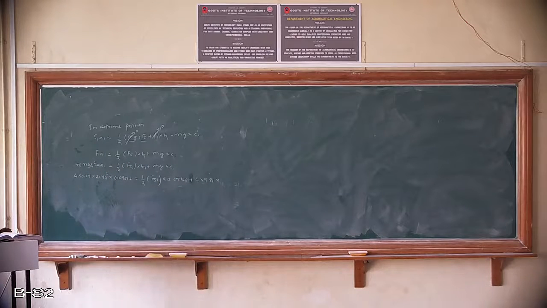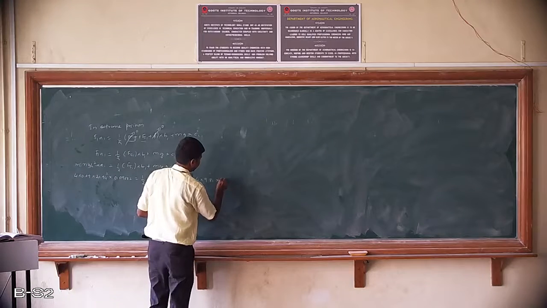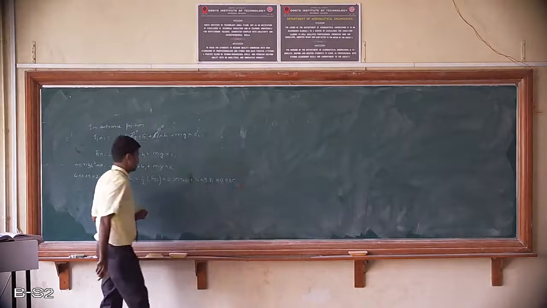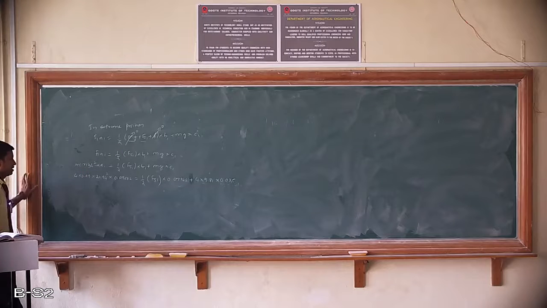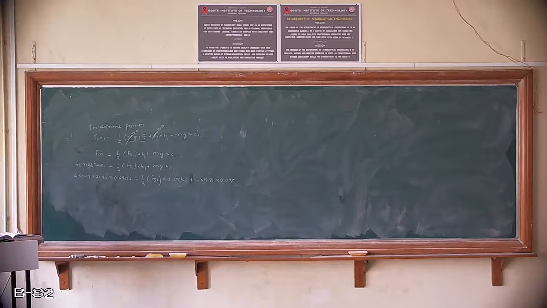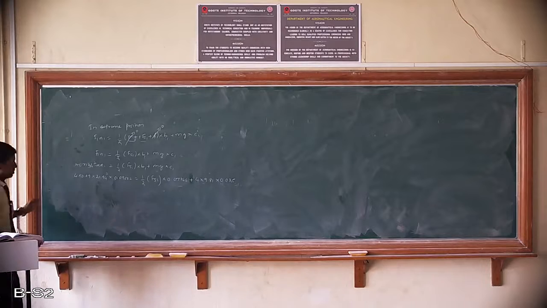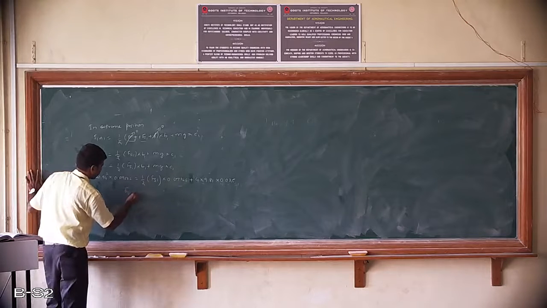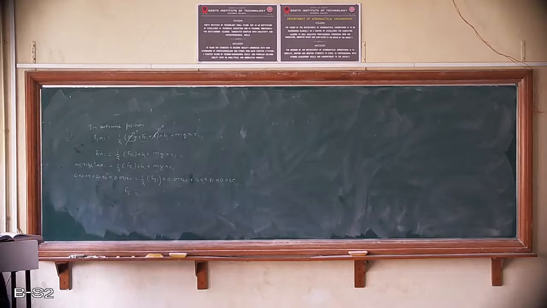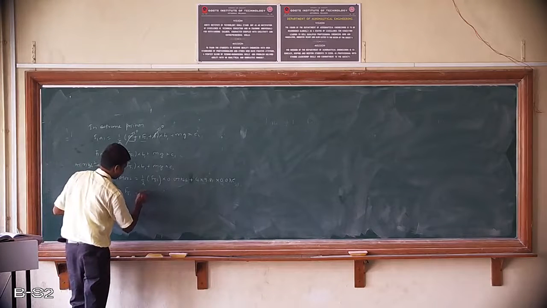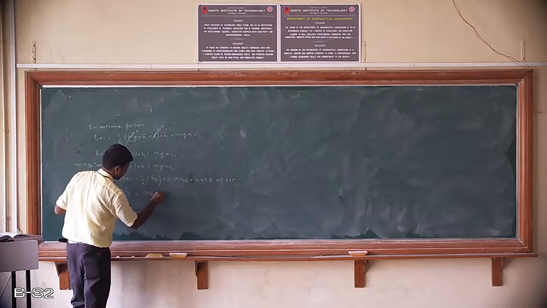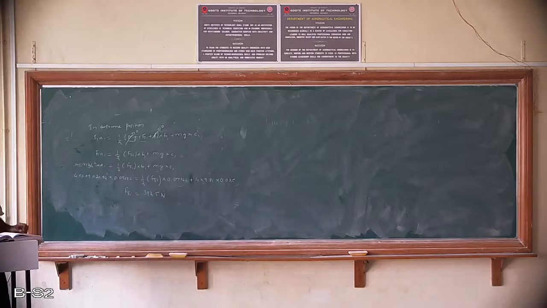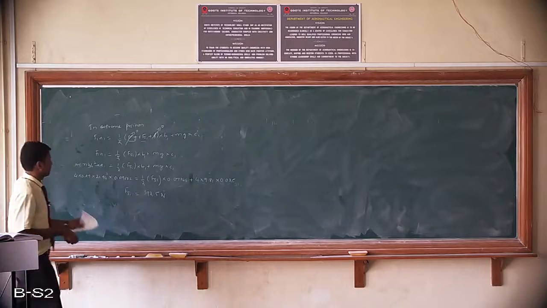The value of C1 is 25 mm, so it is 0.025 meters. So all the values have been substituted. The remaining unknown value in this equation is Fs1. So the value of Fs1 is given by 392.5 Newton. So we have calculated the value of Fs1. Similarly, we need to calculate the value of Fs2.